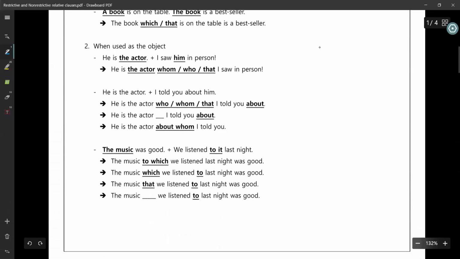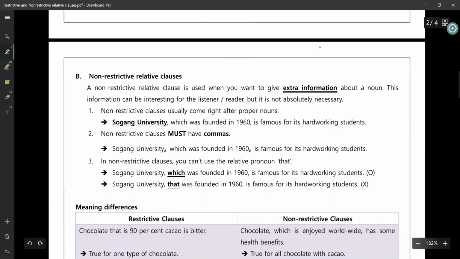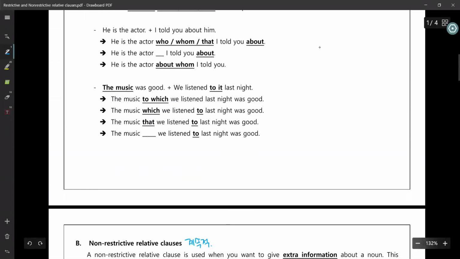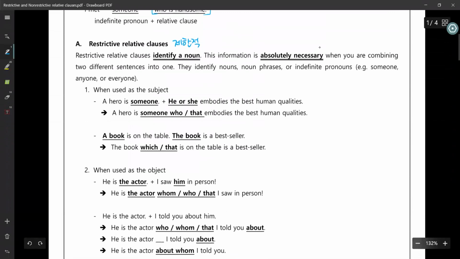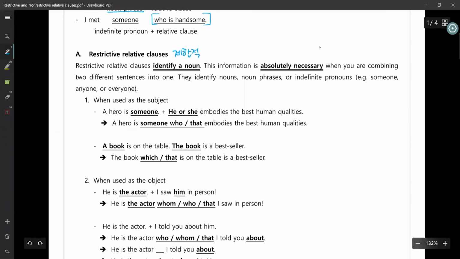And the second one is non-restrictive, what we call 계속적 용법. It's important that you understand both types because using commas in appropriate places, depending on the type of relative clause, can make your meanings different.